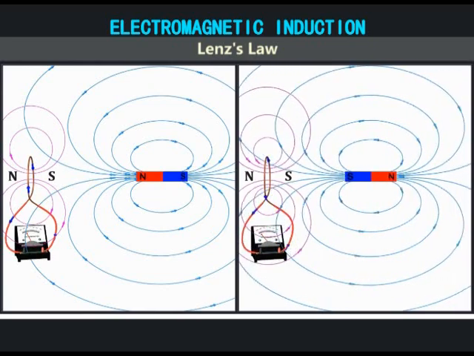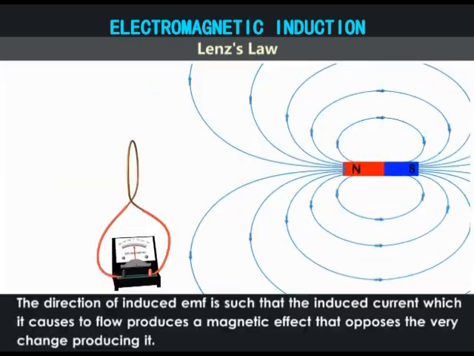Lenz's law states that the direction of induced EMF is such that the induced current, which it causes to flow, produces a magnetic effect that opposes the very change producing it. What that simply means is that as you move the magnet towards the coil, the coil becomes an electromagnet with polarities so as to offer repulsion.